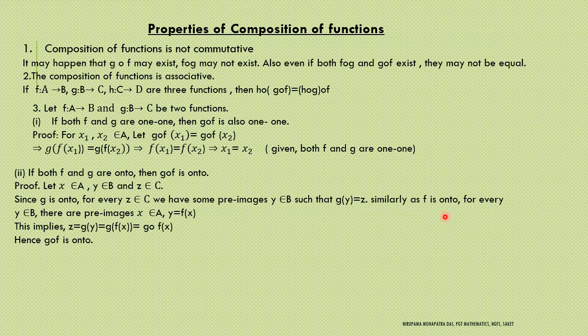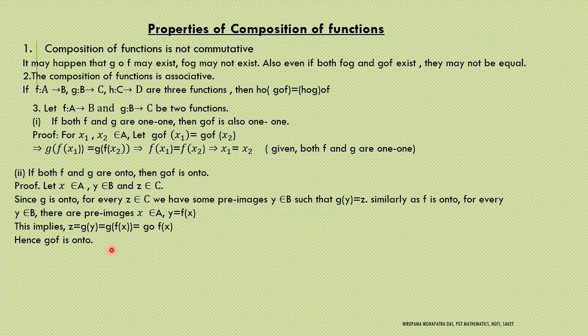Similarly, f is onto, so for every y belonging to B, there is a preimage x belonging to A such that y equal to f(x). So it means we have z equal to g(y) and y equal to f(x). So z equal to g(y), that is equal to g of f(x).